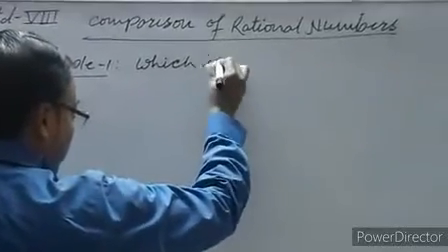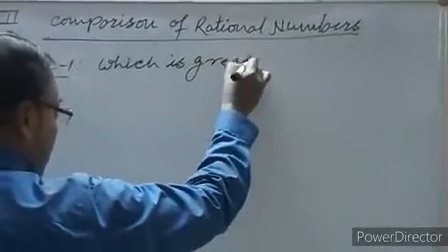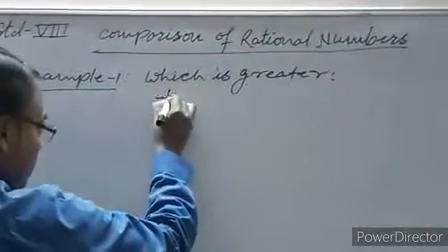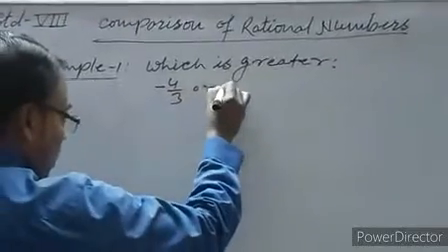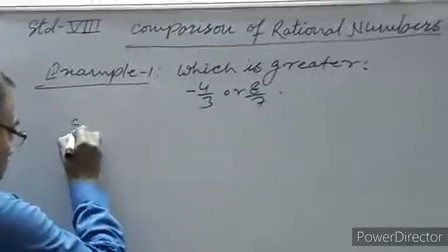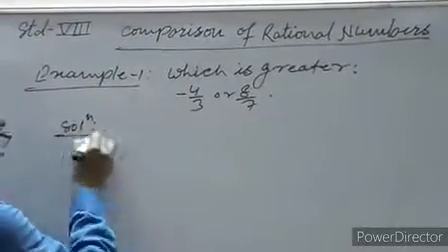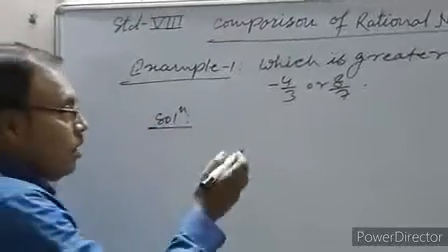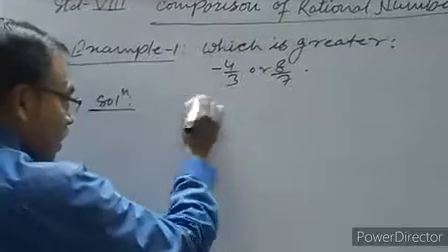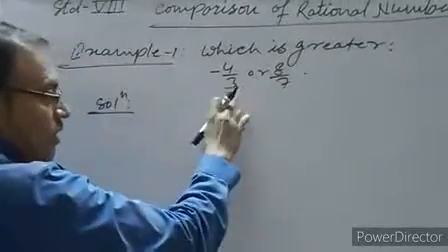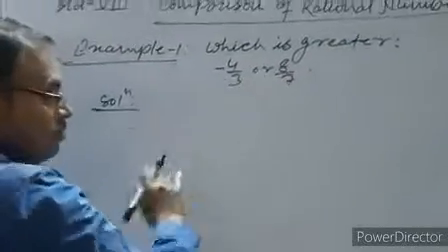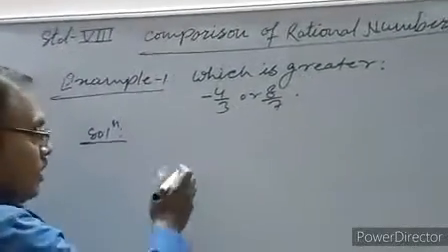Which is greater, minus 4 by 3 or 8 by 7? This is our question. How do we solve it? The denominators of both rational numbers are positive, so we use the second step.